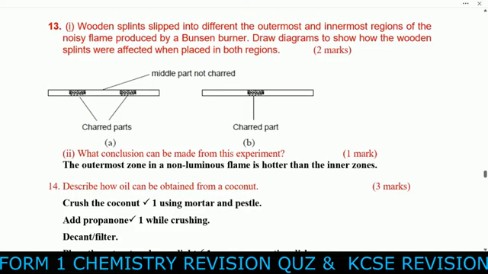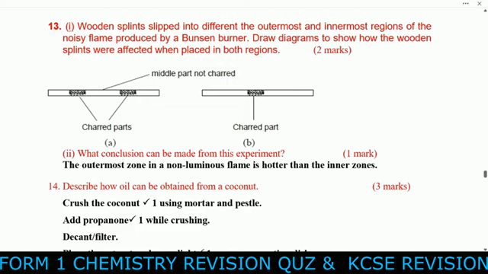So the first thing to know is that this one is a non-luminous flame. So the middle part of that stick, and then the middle, and then the outer part. You are told what conclusion can be made from the experiment. What can you conclude? The outermost zone in a non-luminous flame is hotter than the inner zone.